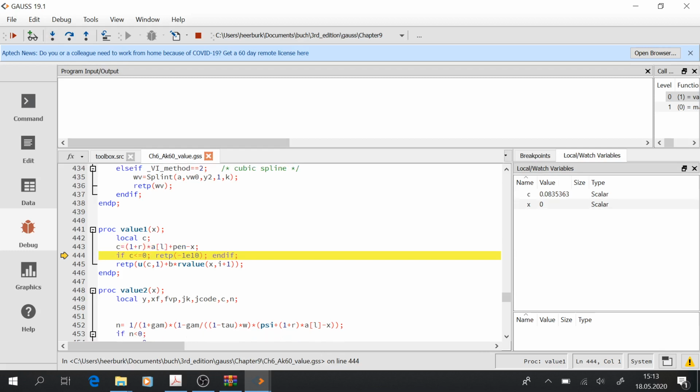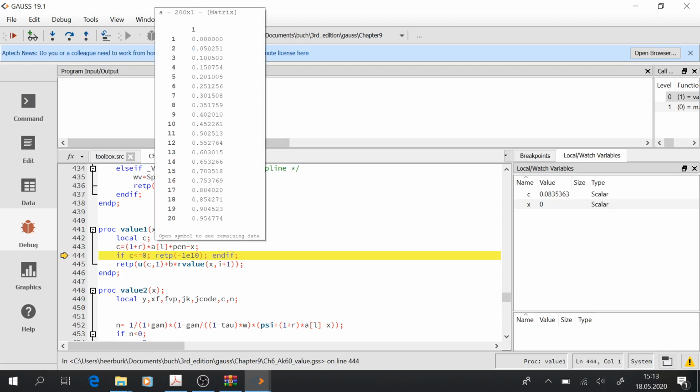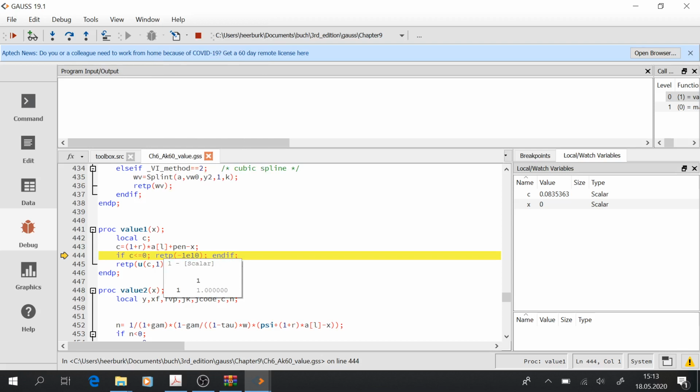Okay, we are looking at the value function at age 59 at the grid point A of 1, which is 0. And we check what is the value of the value function if we choose the right-hand side of the Bellman equation, if we choose x equal to 0.